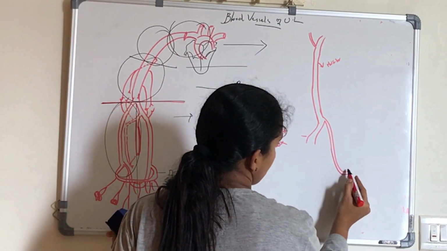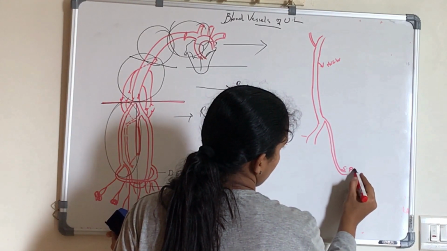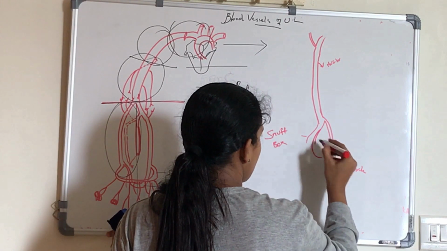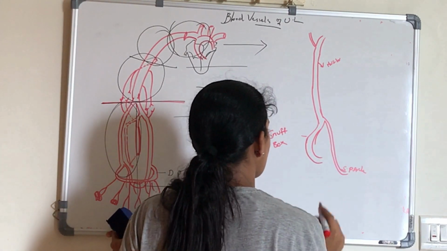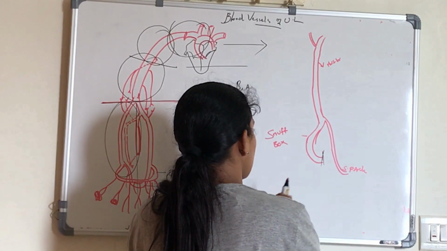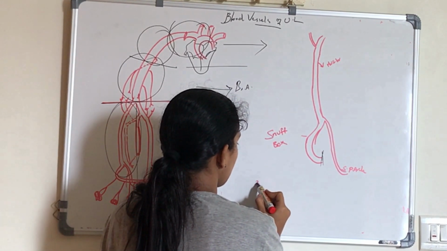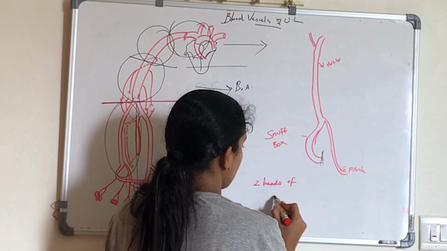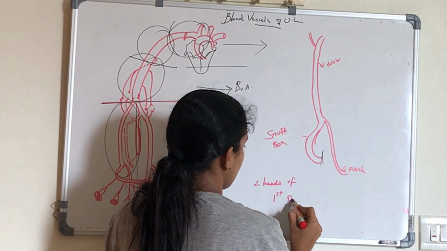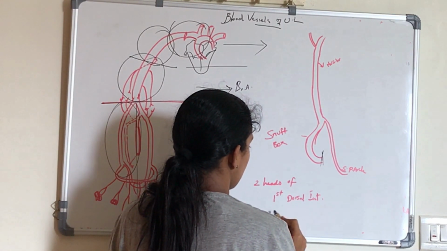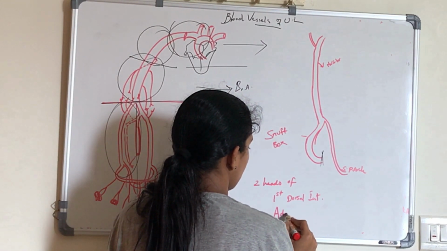Before it comes to the dorsum, it gives a branch called the superficial branch. And you can see the artery in the anatomical snuff box. It passes to the palm by piercing between the two heads of the first dorsal interosseous muscle and between the two heads of adductor pollicis.